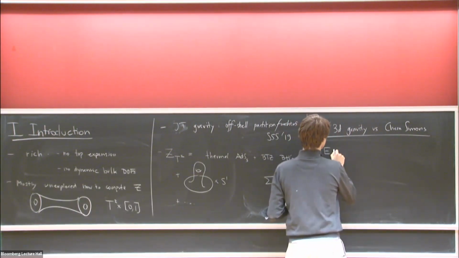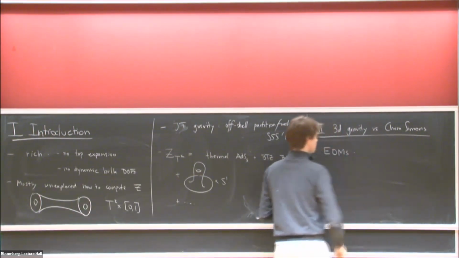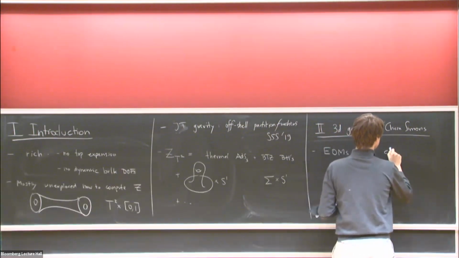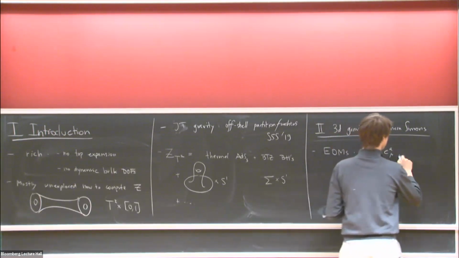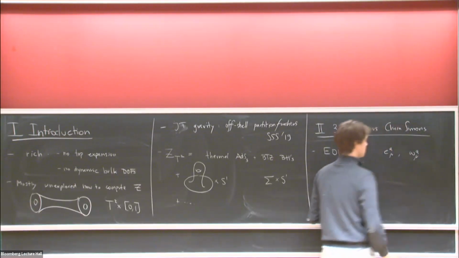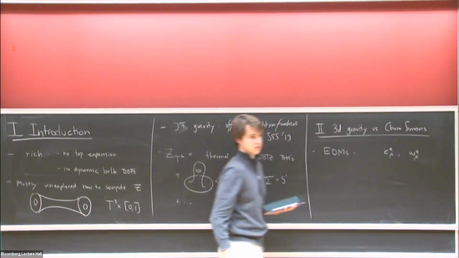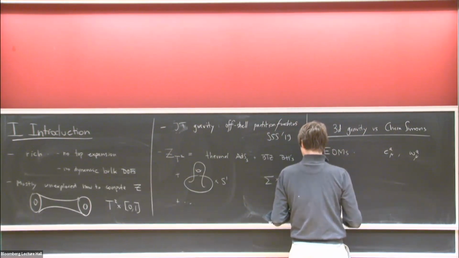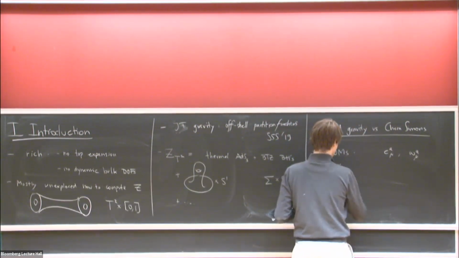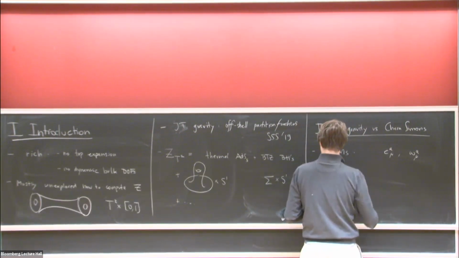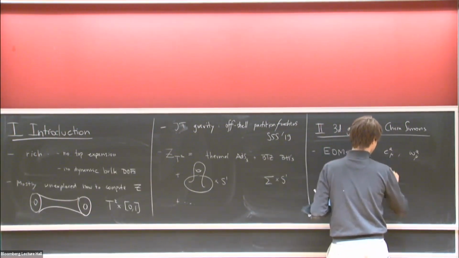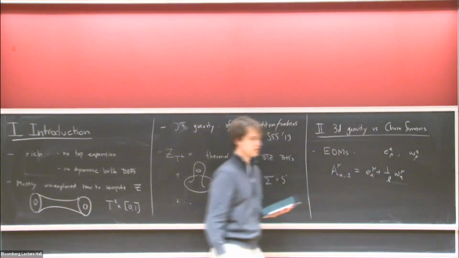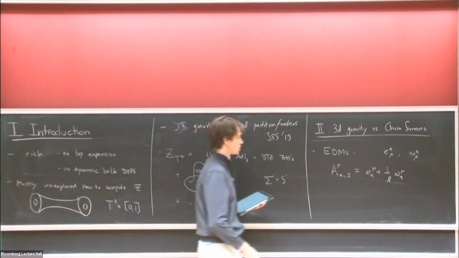On the level of the equations of motion, if you are in 3D gravity, then you can formulate it in the first order formalism, which means that you have a dreibein and you have a spin connection. In 3 dimensions, you can dualize the spin connection so that it has only one index. Then the standard statement is that you can form these combinations, let's say A plus minus, that are e^a_mu plus or minus 1 over L omega^a_mu, where L is the AdS length related to the cosmological constant.